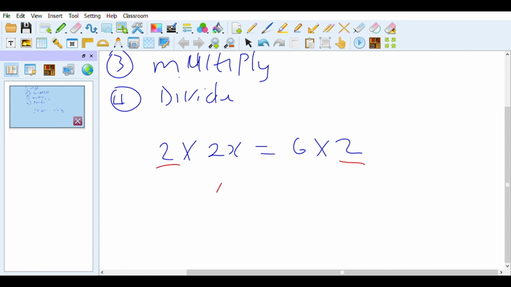I'm going to have 4x is equal to 12. So these two equations have the same value, and the reason is because I did the same thing to the left hand side and right hand side.